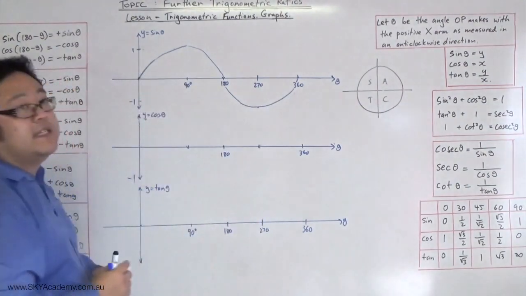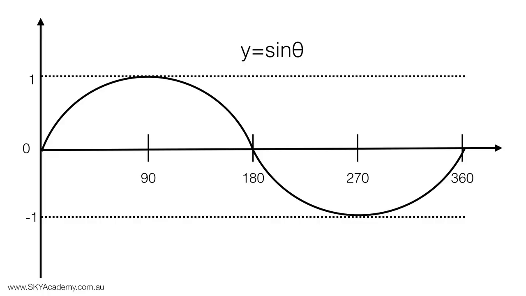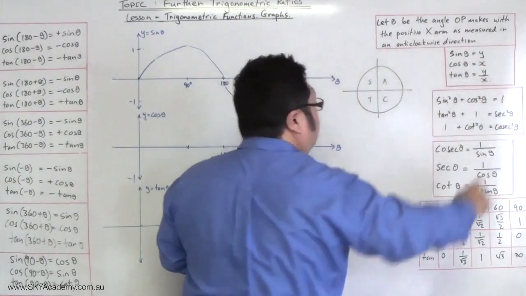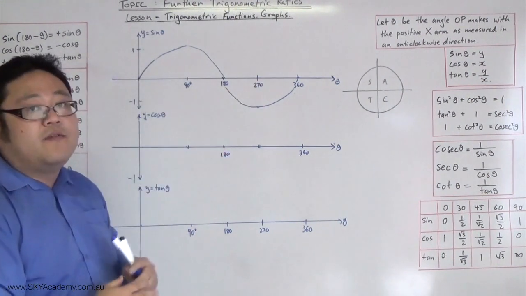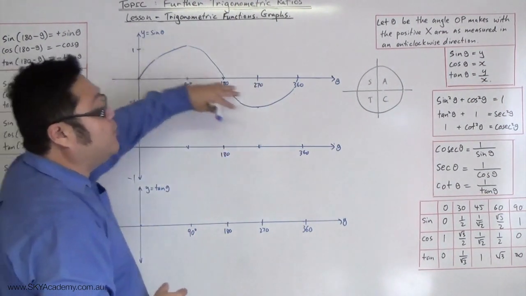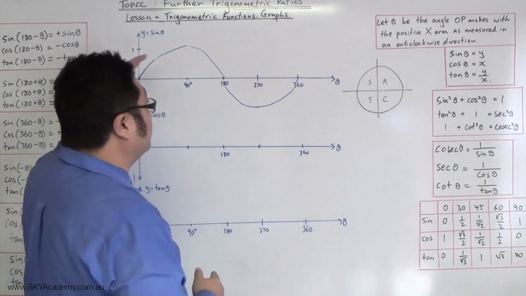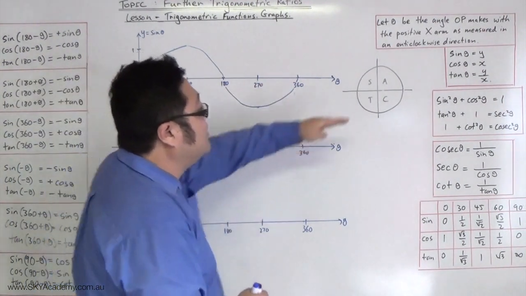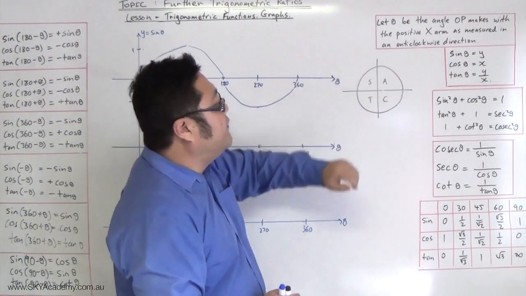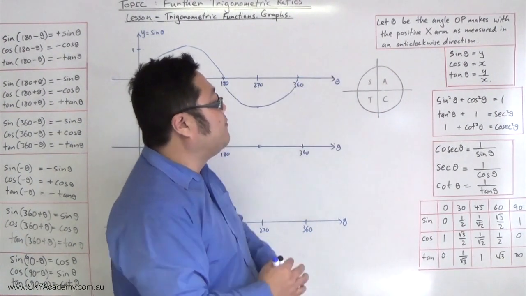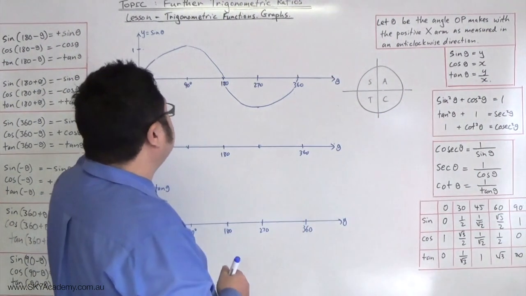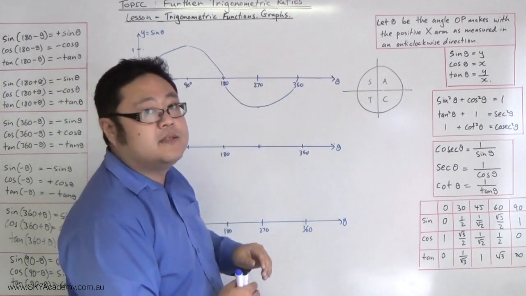So the graph really does look like this. As it goes past one revolution and does another revolution, it'll keep on doing the wave. So it's called a sine wave or a sine graph, and it looks exactly like that because it follows the height of the y-coordinate as you go around the unit circle as your angle increases. Yes?